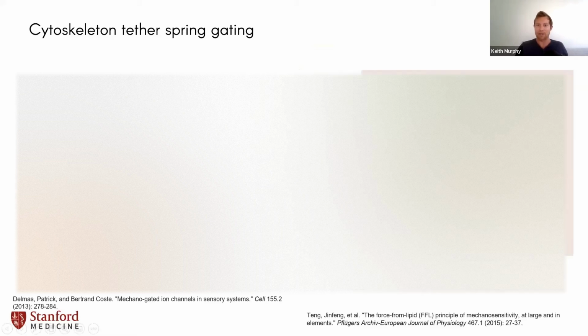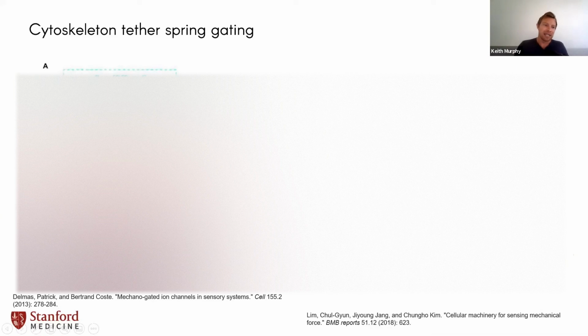In this particular case, you can see the non-PC mechanosensory channel is bound to microtubules through this tether, and the tether is directly interacting with this little gate, and when it's pulled on, the gate swings open and allows ions to go through. People have a lot of different ways they say this works, but it's a general way of thinking, and it's typically called the tether spring gating model.